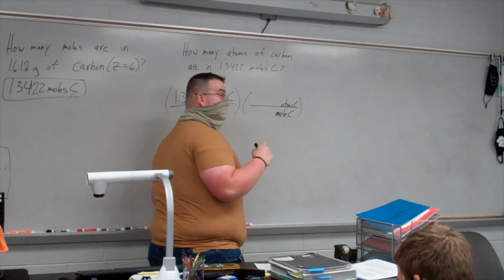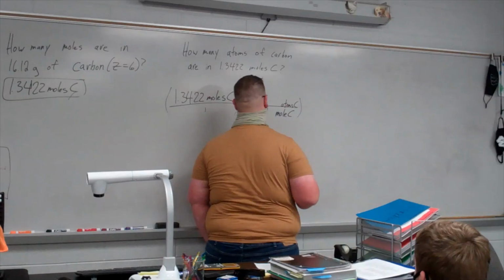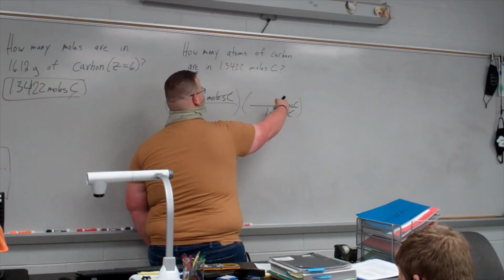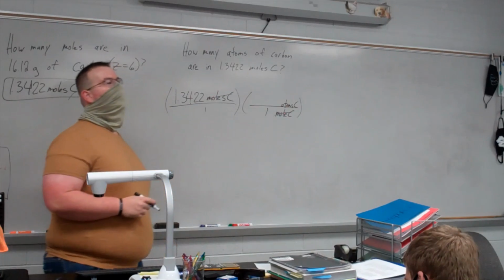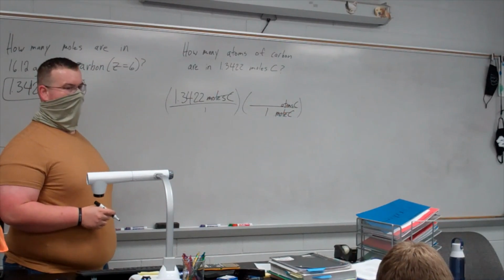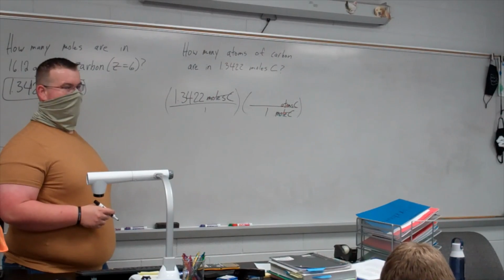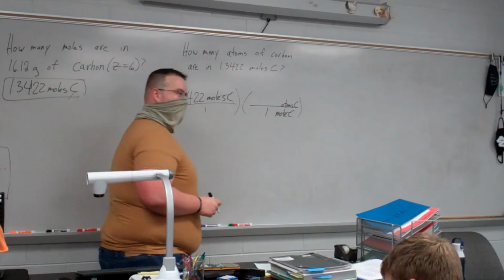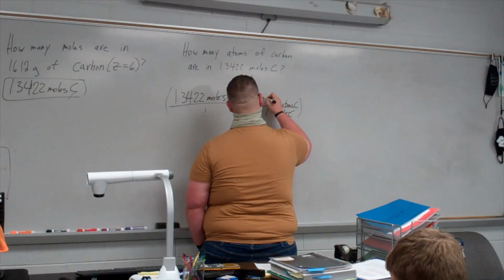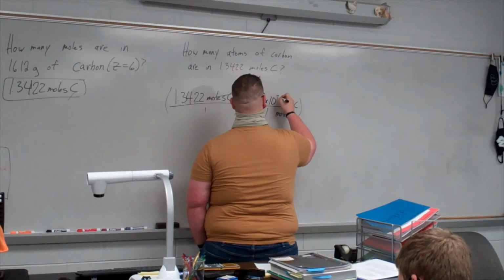So, in this case, in the conversion factor, 1 always goes with the mole. So moles of carbon will cancel. What's the number that goes there with atoms of carbon? Avogadro's number, 6.022 times 10 to the 23rd.